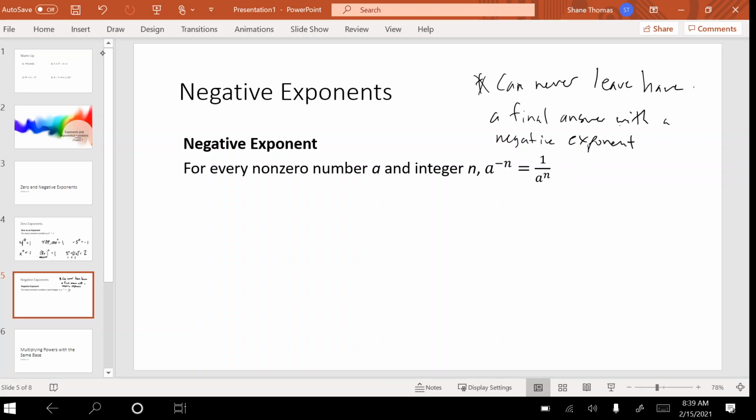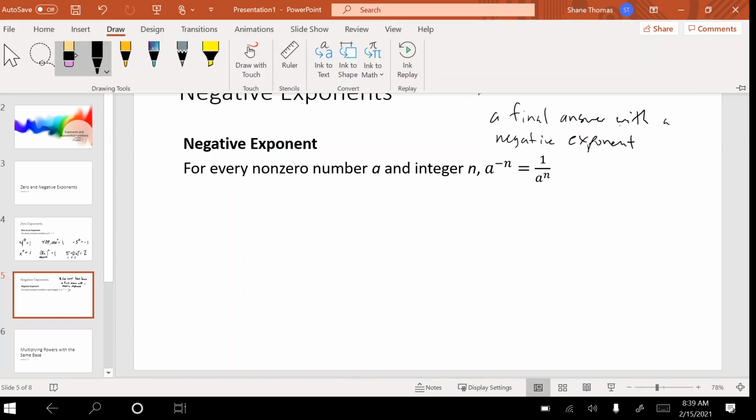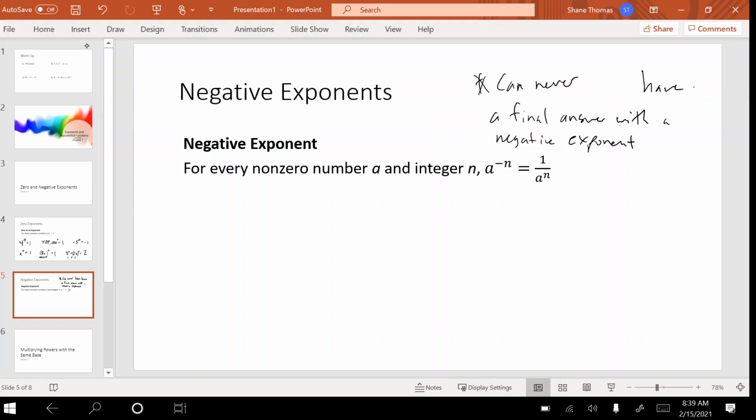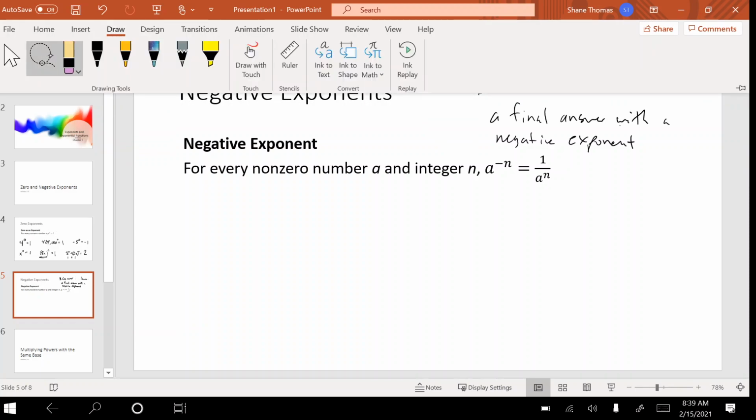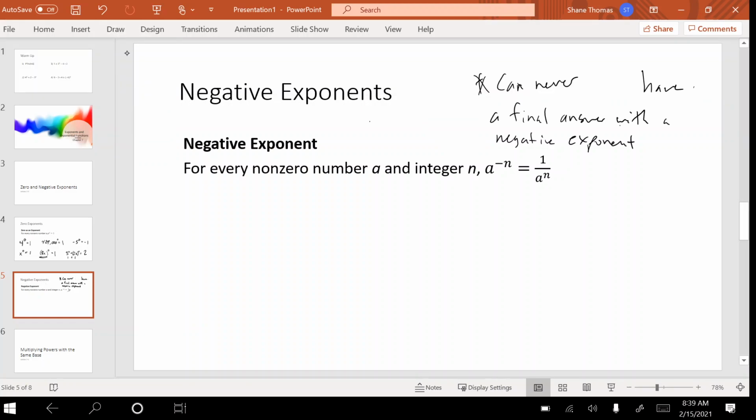I changed my wording halfway through. All right, there we go. You can never have a final answer with a negative exponent. All right, it's like an illegal thing.